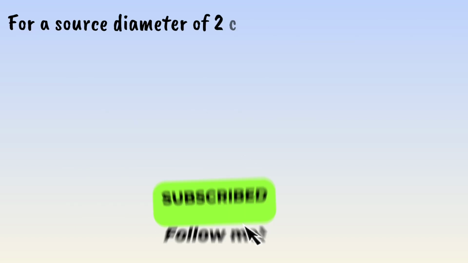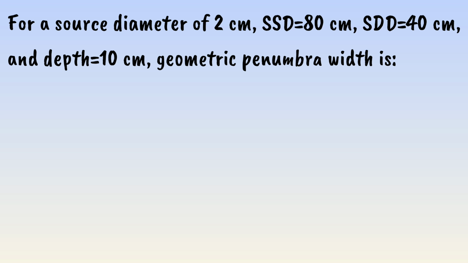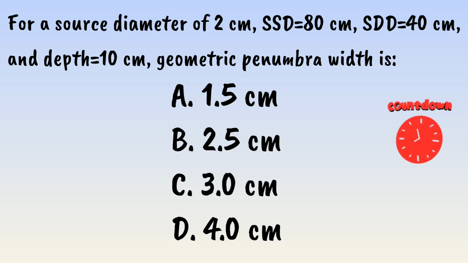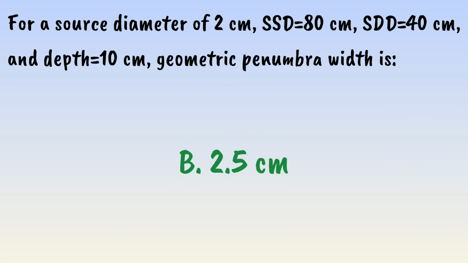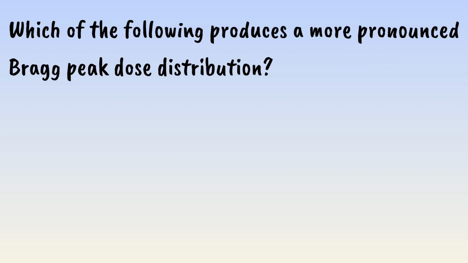For a source diameter of 2 centimeters, SSD equals 80 cm, SDD equals 40 cm, and depth equals 10 cm, geometric penumbra width is. Which of the following produces a more pronounced Bragg peak dose distribution?